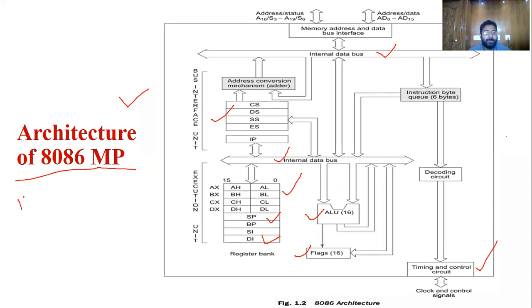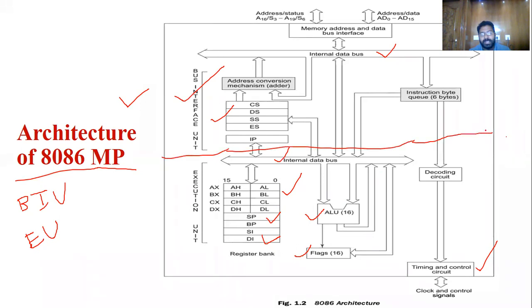The first one is the bus interface unit, and the second one is the execution unit. Bus interface unit you can also call a BIU, and the execution unit you can also call an EU.